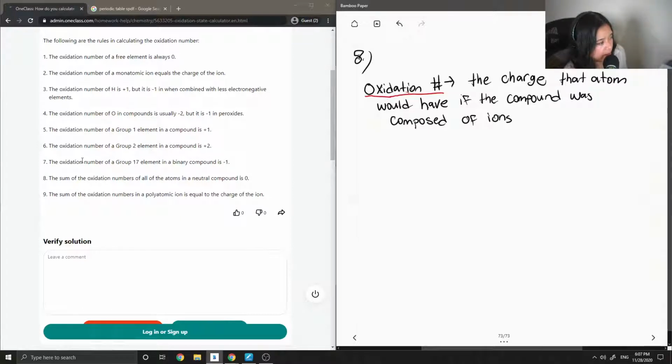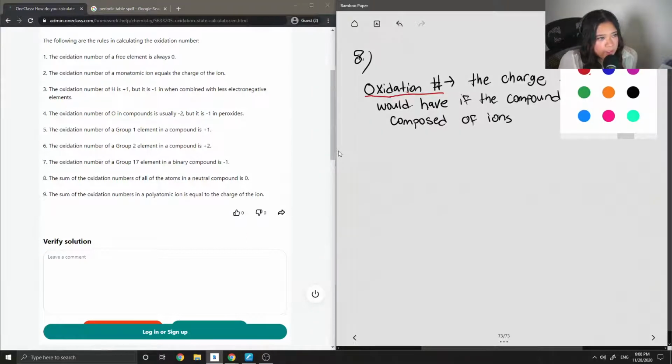It's +3, but that's not there. The oxidation number of a group 17 element in a binary compound is -1. And the sum of the oxidation numbers of all the atoms in a neutral compound is 0 because your compound is neutral. And the sum of the oxidation numbers in a polyatomic ion is equal to the charge of the ion.